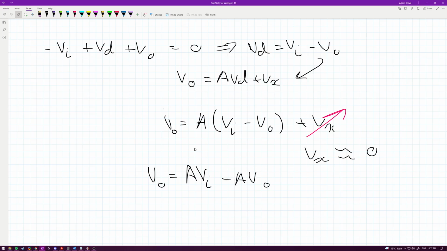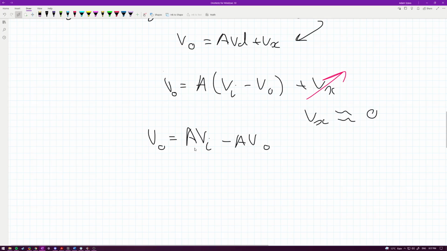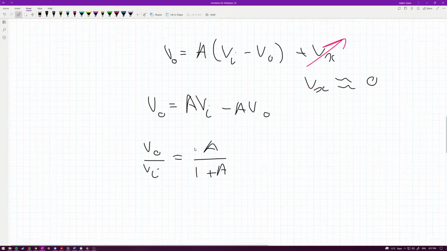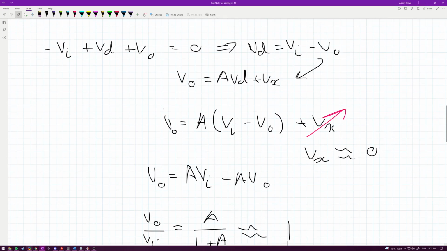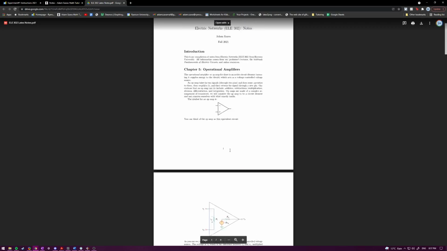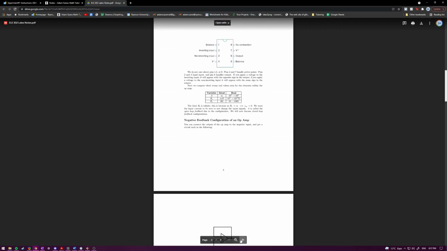It's A VO, and so VO over VI is going to be A over 1 plus A, which is approximately 1. In fact, that's even in my notes, the exact question.